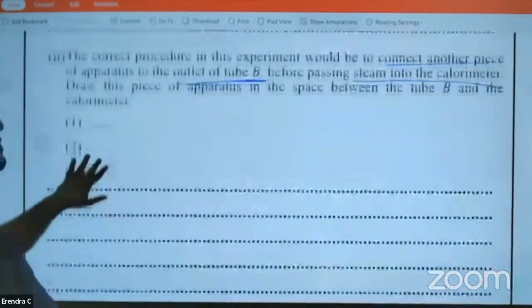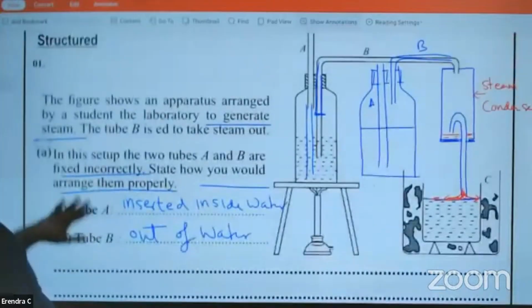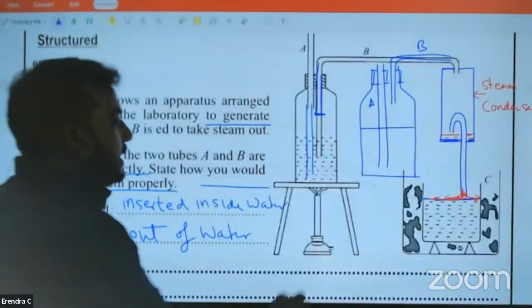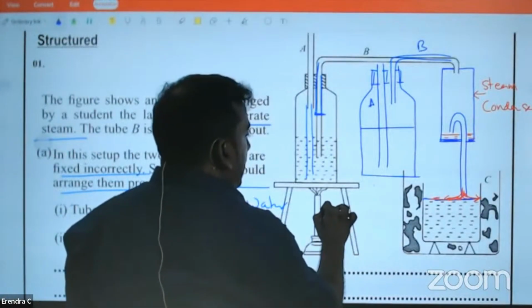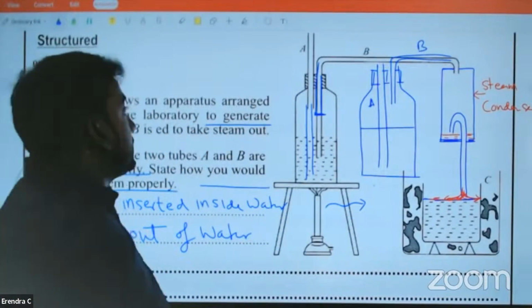If you look at this, there is a very important thing happening here. There is a Bunsen burner. From this, heat can come as radiation.